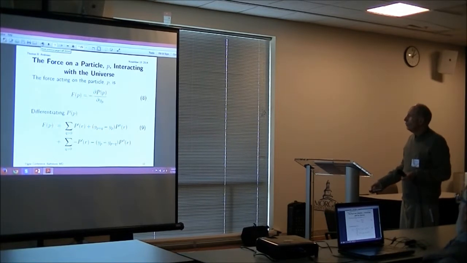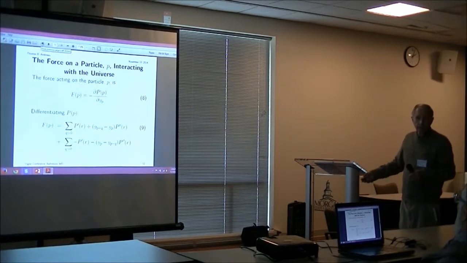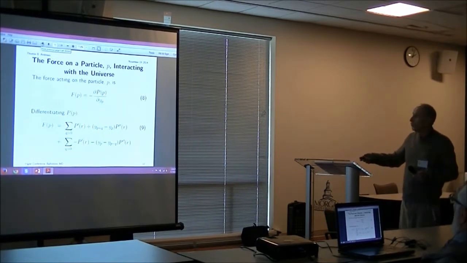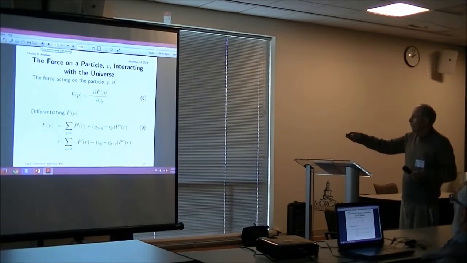So we're calculating now the force on the particle P. This is what we're aiming at in this Taylor series expansion. So we differentiate the potential with respect to the movement of a single particle.